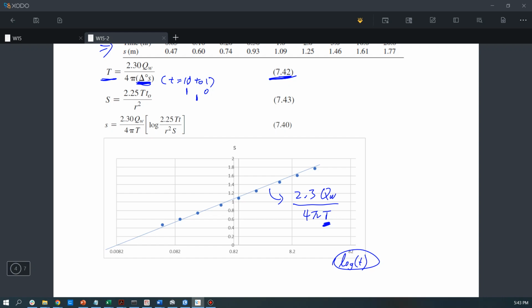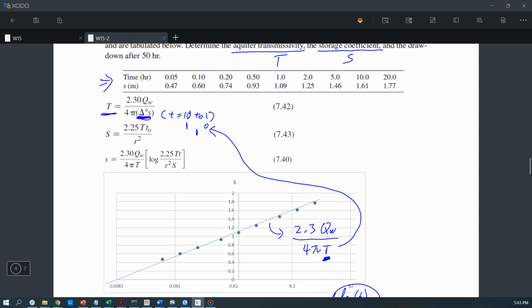This is a different representation of what we just explained: the slope of this line is equal to this term, and you just reorganize that and you can get equation 7.42, and now we're going to use it.